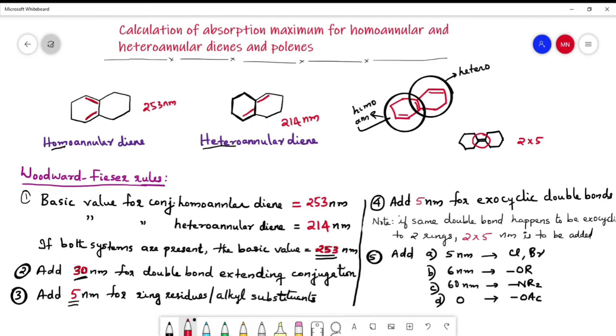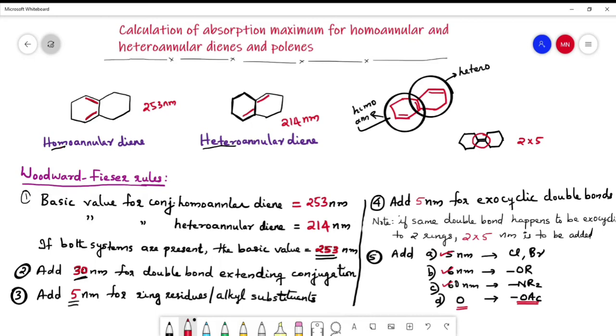The fifth rule is that if you have a chlorine or bromine substituent, you have to add 5 nanometer. If you have an alkoxy substituent, you add 6 nanometer. If you have an amine substituent, you add 60 nanometer. And if there is an acetate substituent, nothing is to be added; the contribution by the acetate group is 0.